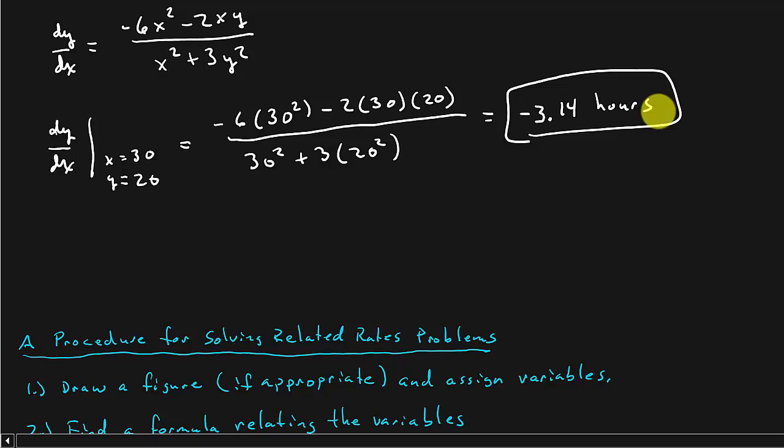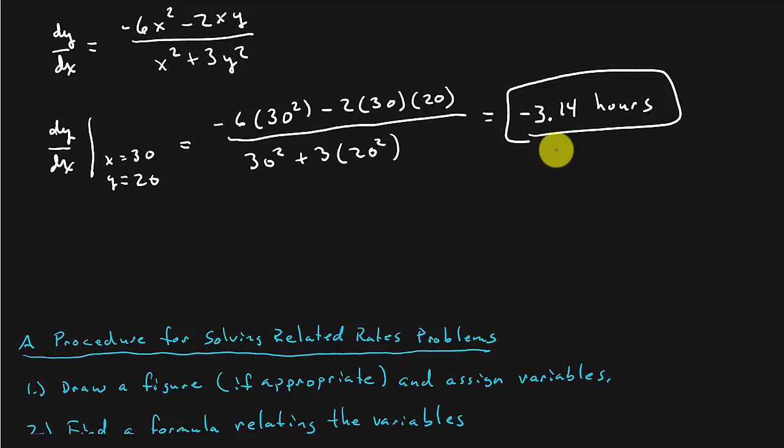Well, what that means is to maintain the current level of output, because remember, the skilled labor we're increasing by 1 hour, the unskilled labor I have to decrease by 3.14 hours to offset the 1 hour increase in skilled labor. All right.